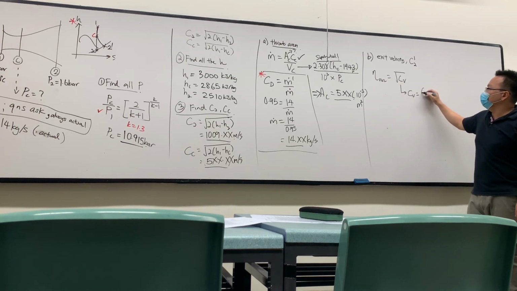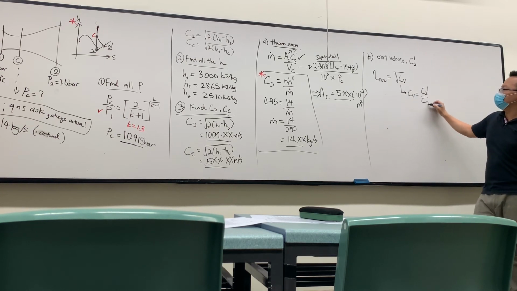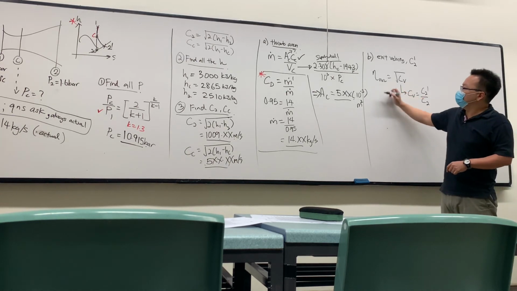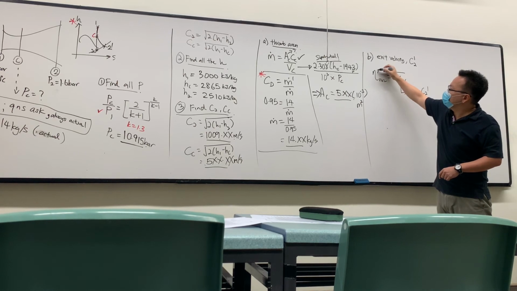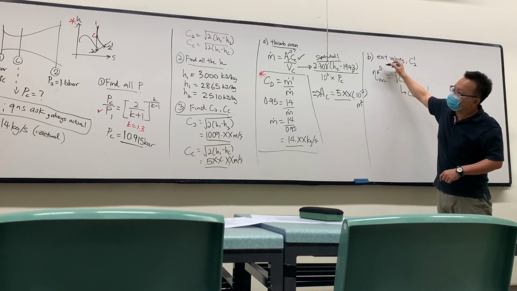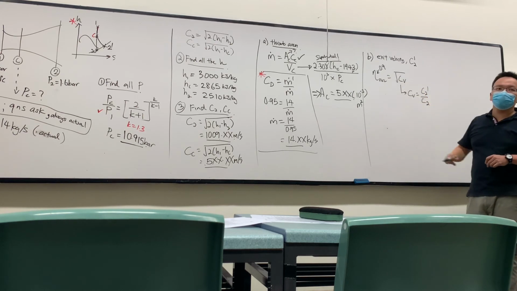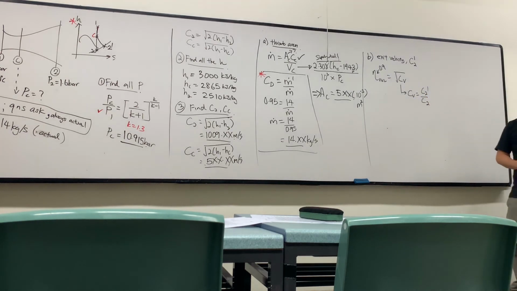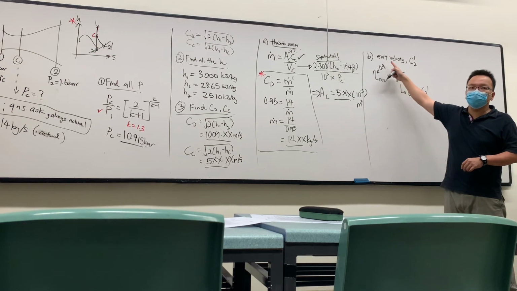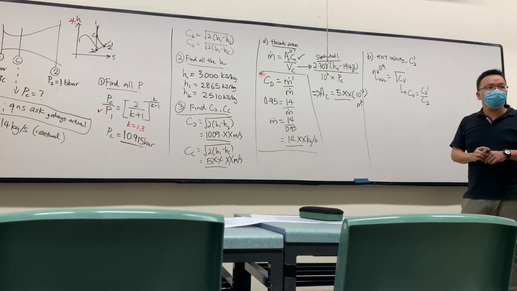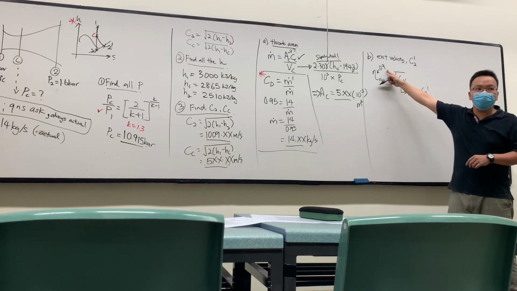CV is actually C2 prime over C2. So this nozzle efficiency is actually 0.9, right? Can you solve for CV? Square root, bring over, becomes 0.9 squared.